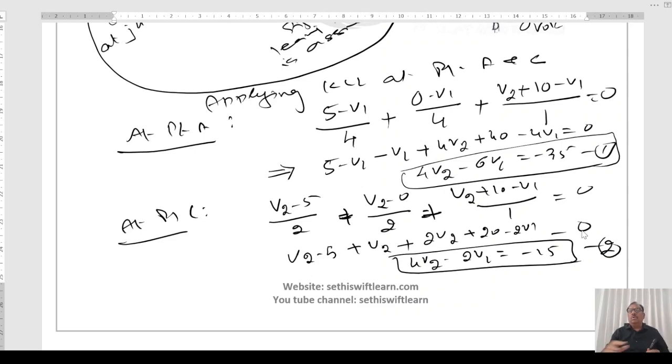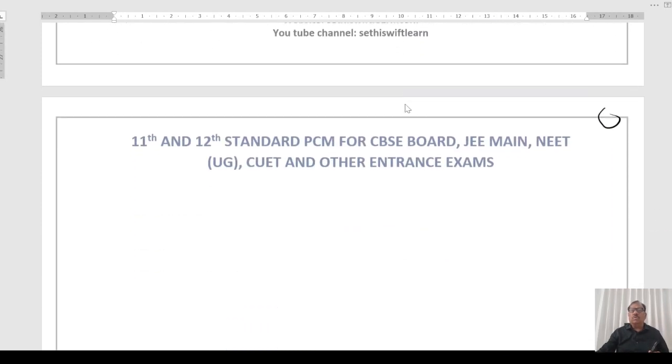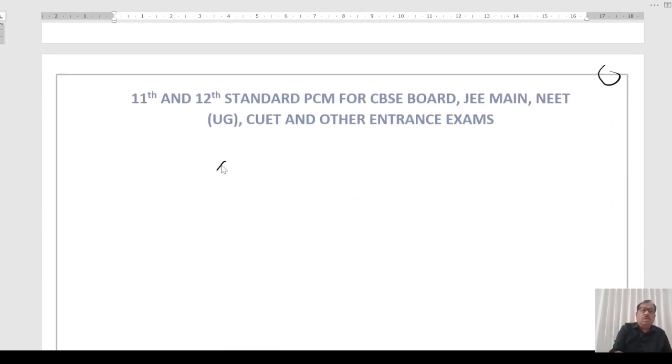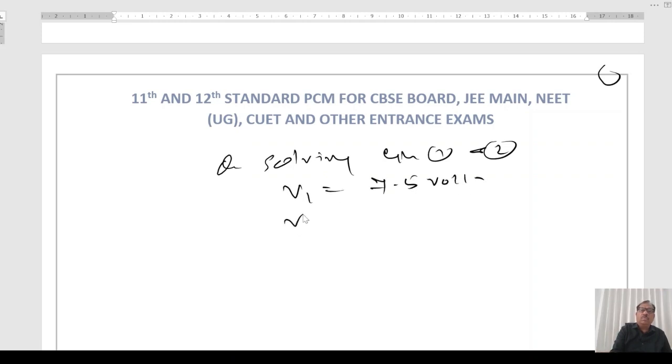On solving equations 1 and 2, we get V1 equal to 7.5 volt and V2 equal to 0.